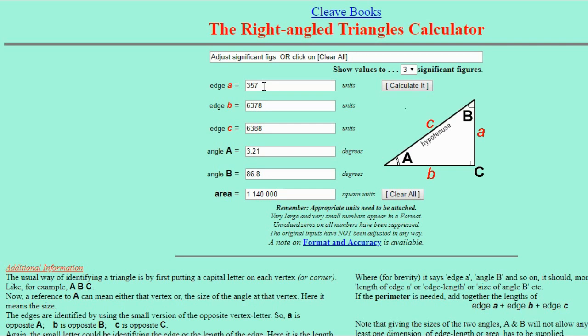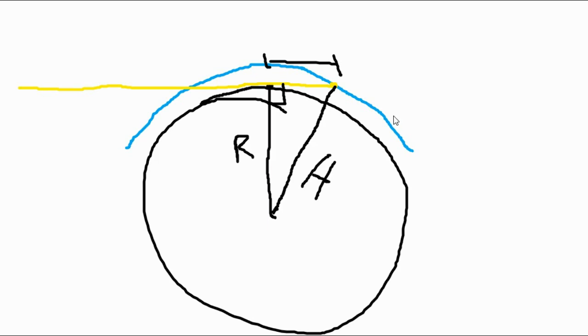Now, what does that mean? Coming back to our little drawing here, what that means is this. From this point here, where the sun just touches to here, is 357 kilometers away.